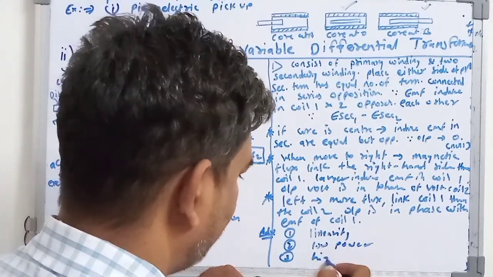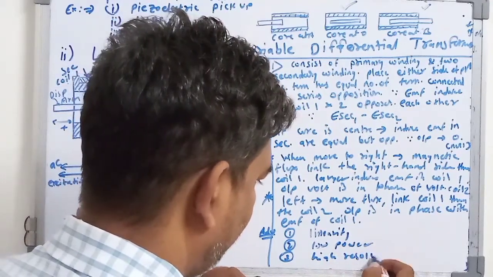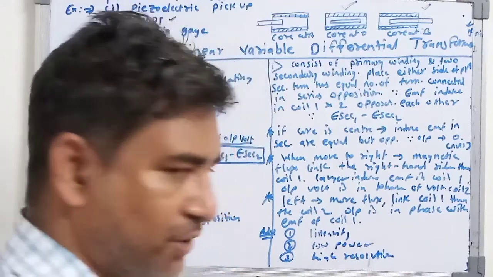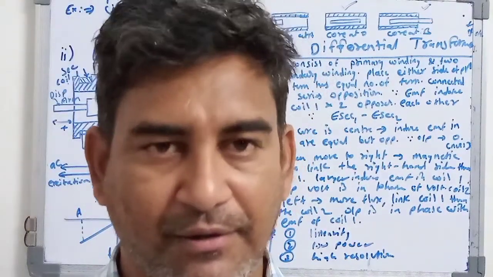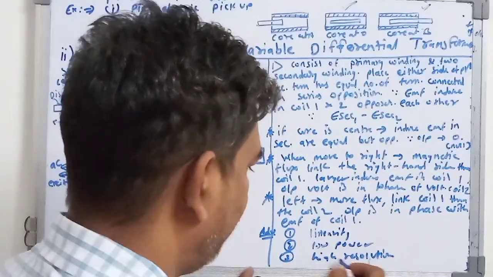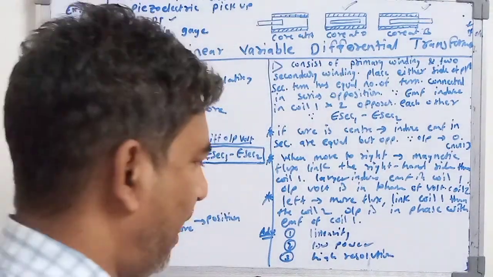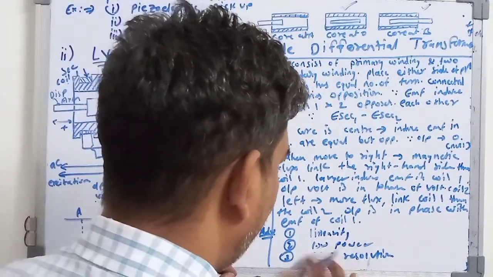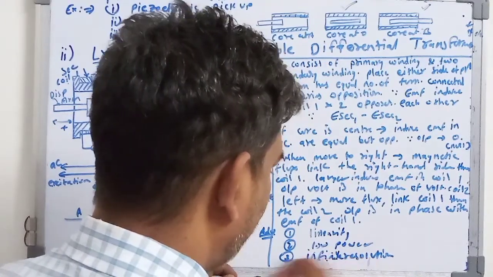The high resolution, or you may say the high linearity or high sensitivity, occurs, and here you may observe the infinite resolution.